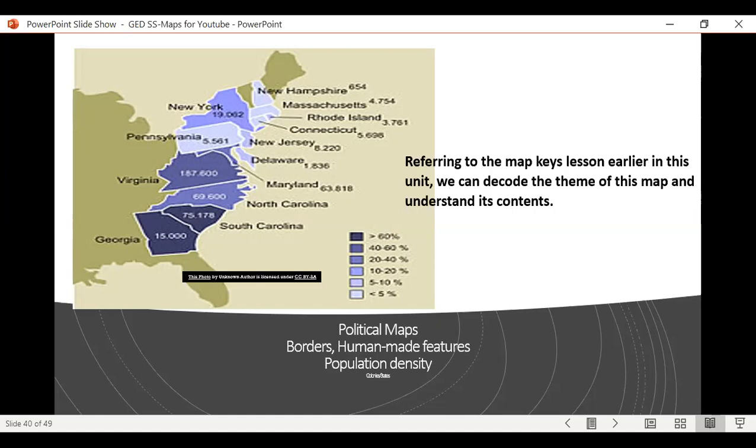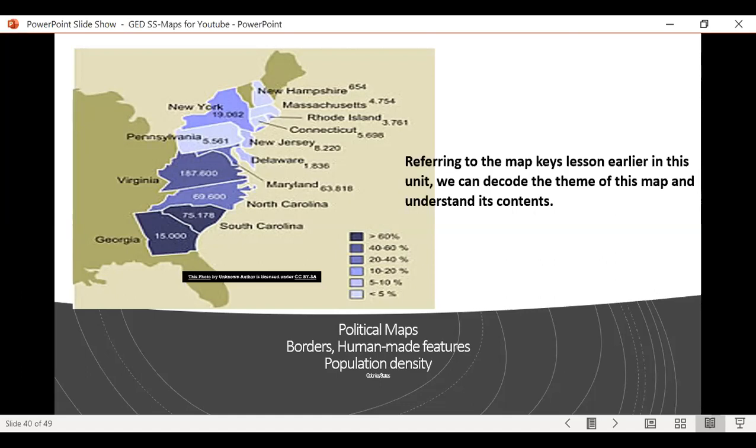So like in New Hampshire, at the point when the 13 colonies were first founded, there was a total population of 654. Now, when you look at your key, you see that there are color codes, and you can see that there are percentages.